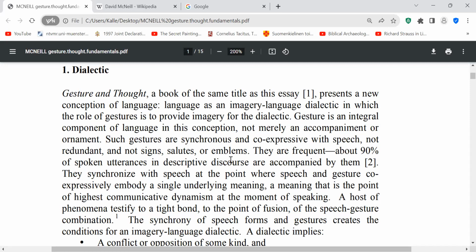They are frequent. About 90% of spoken utterances in descriptive discourse are accompanied by them.